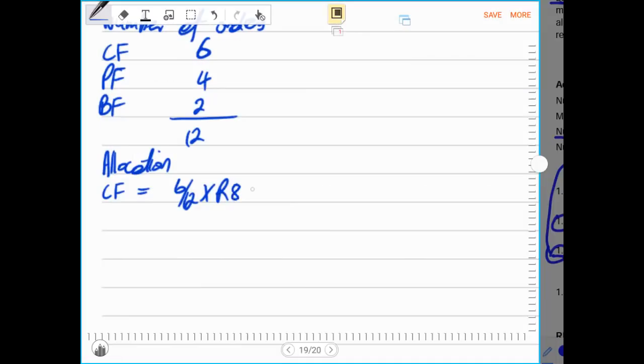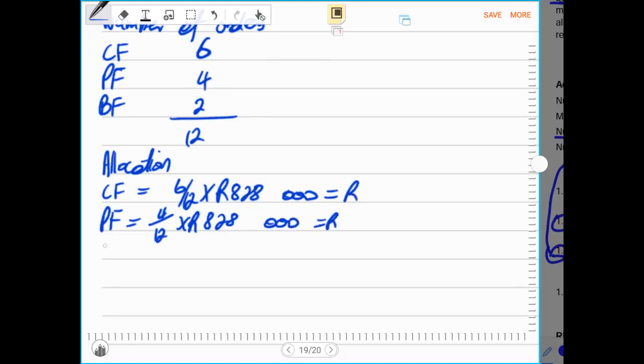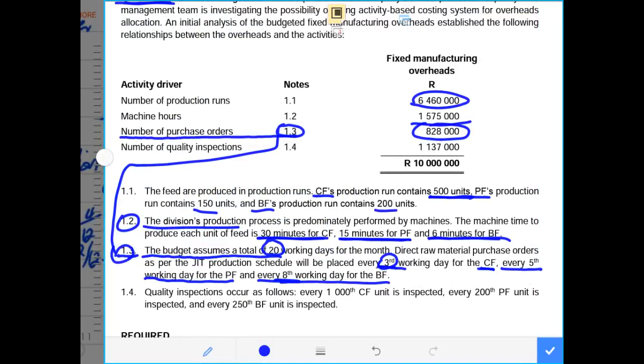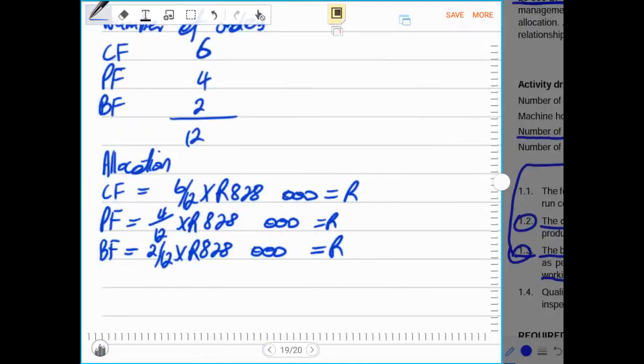Product PF, it is 4/12 times 828,000, and product BF, it is 2/12 times this by the cost of 828,000. The cost is 828,000 that we are allocating.